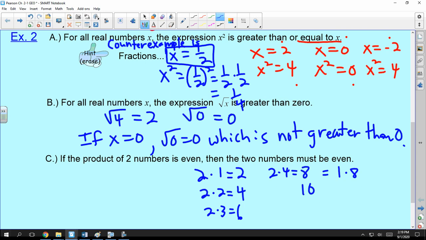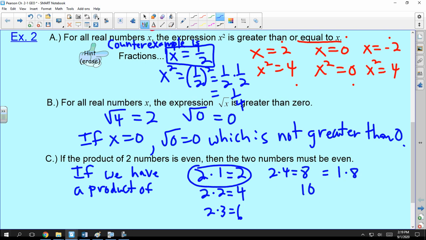So here's the deal. It says that if the product of two numbers is even, then the two numbers must be even. That's false if we have a product of, and you could pick several of these here.